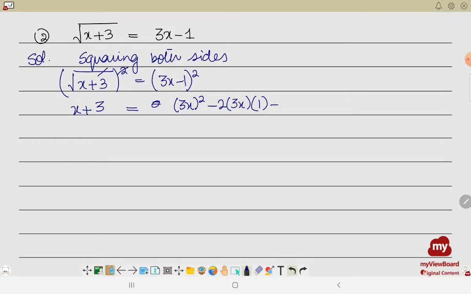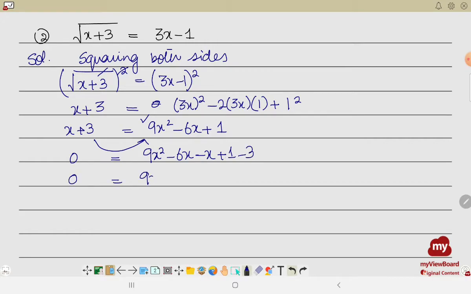So x plus 3 equals 9x square minus 6x plus 1. Here we are having the square term as positive, so we'll move all the terms from the left hand side to the right hand side so that our square term will remain positive. We are having 9x square, minus 6x, minus x plus 1 and minus 3.